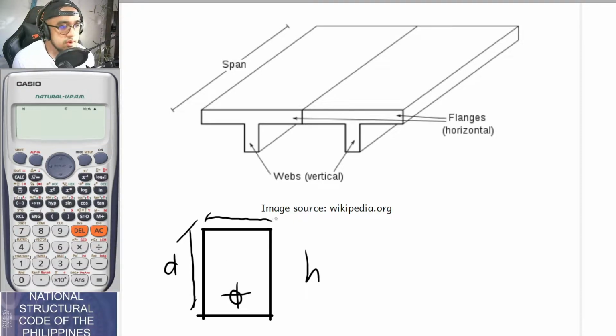BW stands for the base of the web. So where does the BW come from? This is so you do not get confused between the base of the flange and the base of the web. But what is the base of the flange?